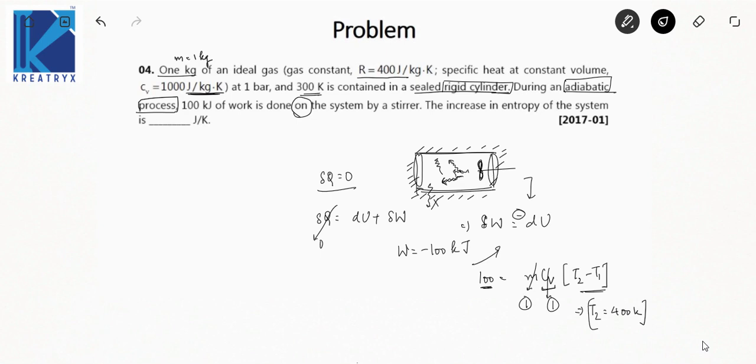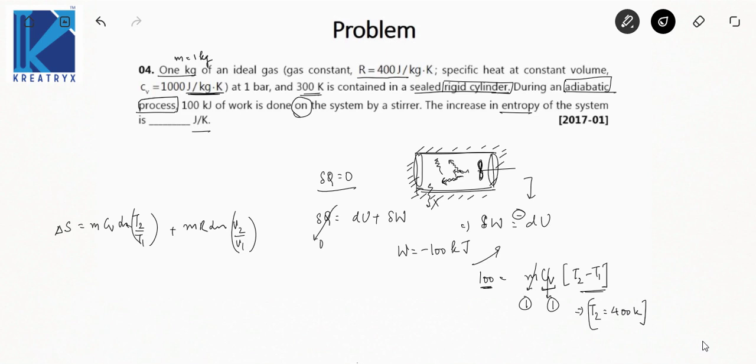Okay, now you have to find entropy. Very simple, directly formula based. Delta S is equal to, you have to find entropy of the system, not specific entropy, in joule per Kelvin. So that will be m Cv ln T2 by T1, you read this formula, plus m R ln V2 by V1.